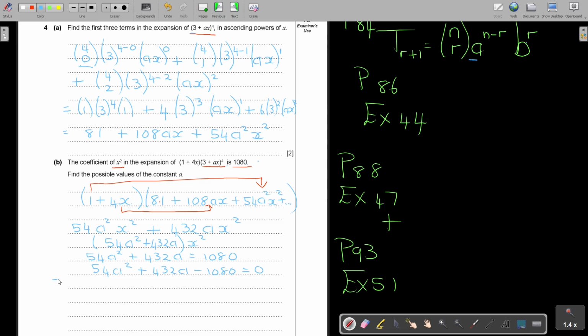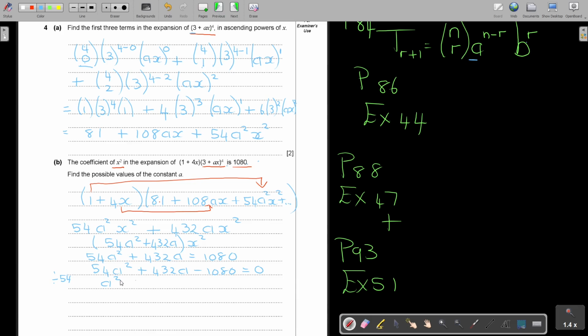But now, because I worked it out, I know that 54 can divide into all of them. But you can do it in steps. First divide by 2, then divide by 3, then again divide by 3, and so on. I think I first did 2, and then 3, and then I saw it was 9. But at the end, it could have divided by 54.